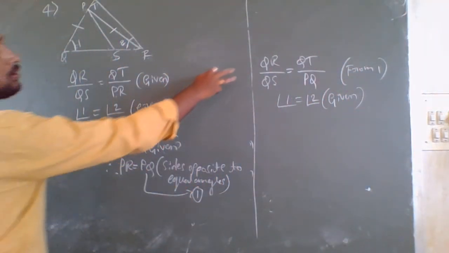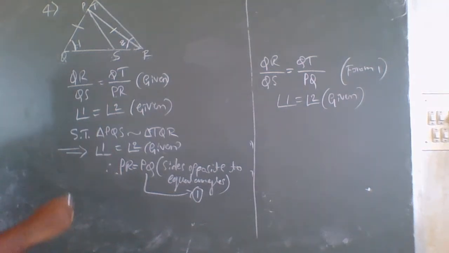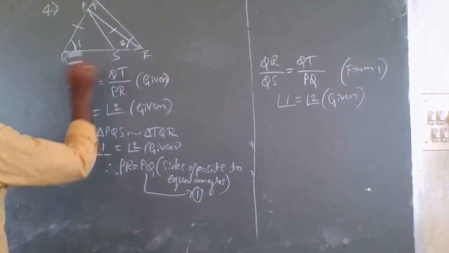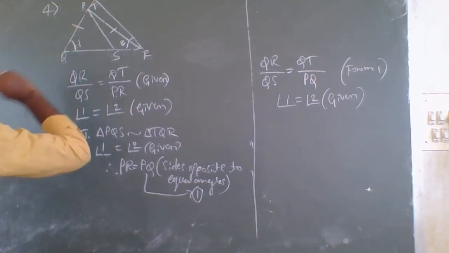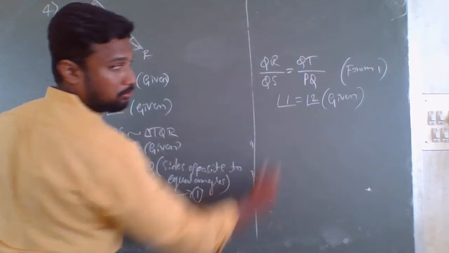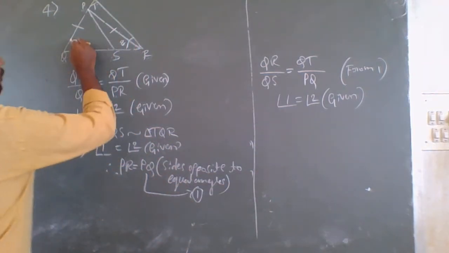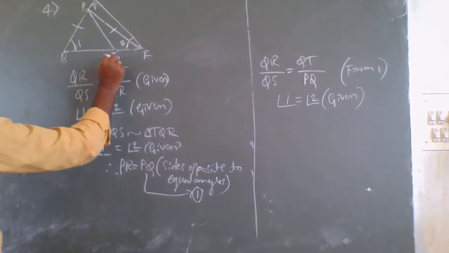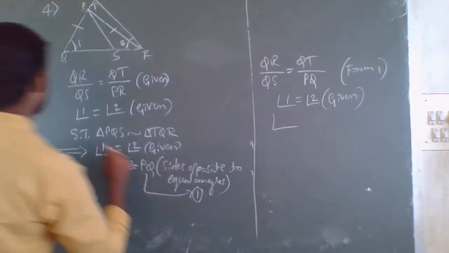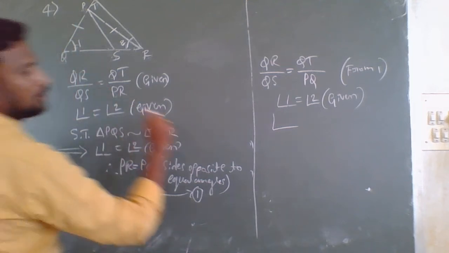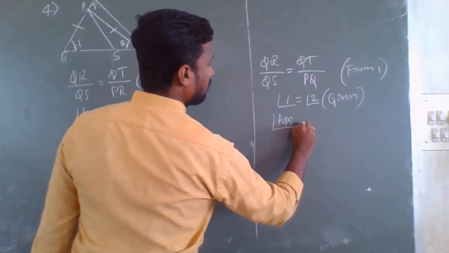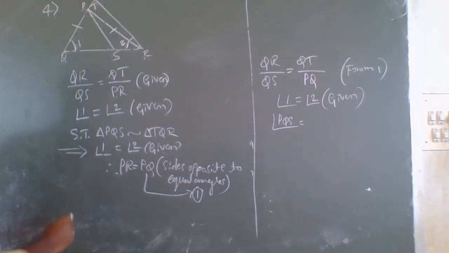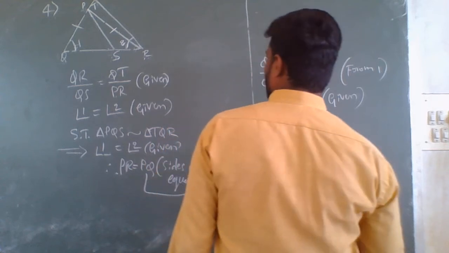Therefore, the corresponding sides are proportional, QR by QS and QT by PQ, and these two angles are equal to each other.